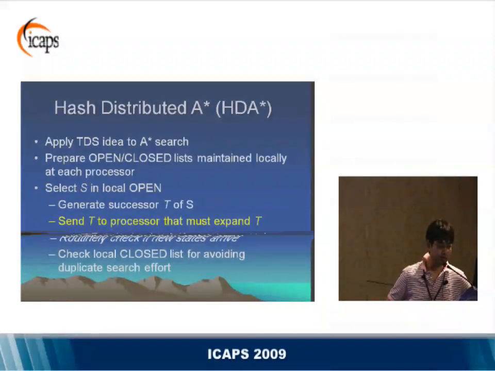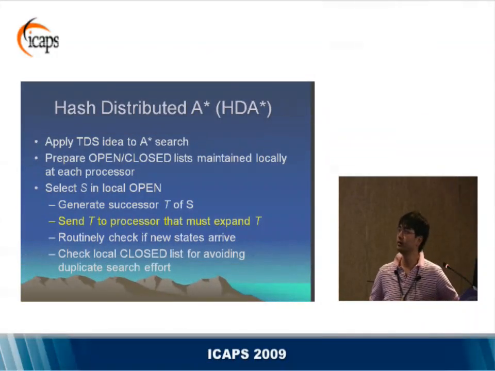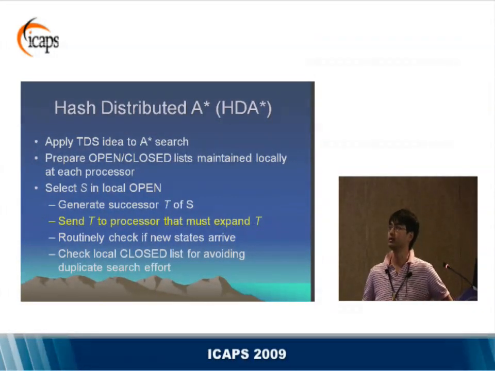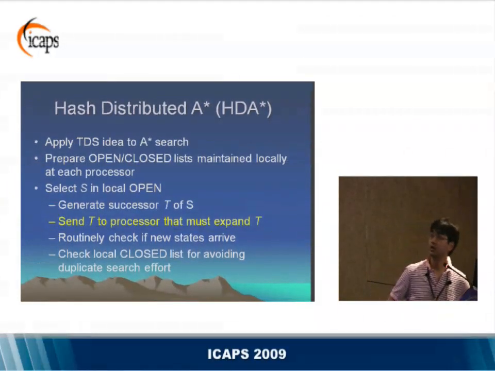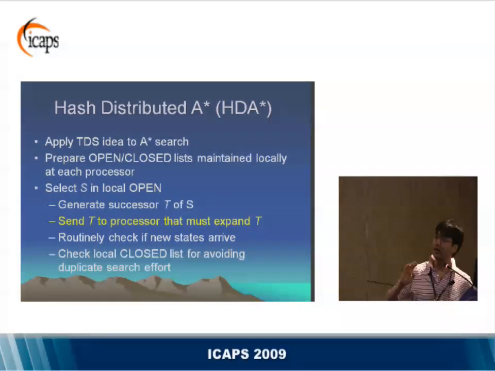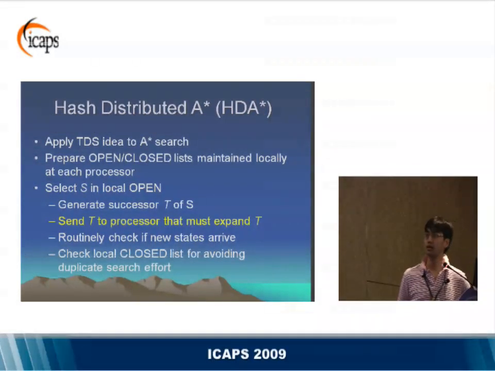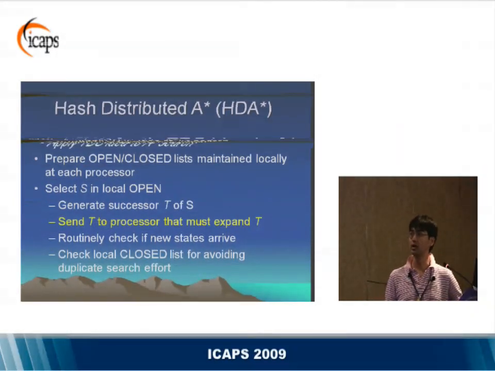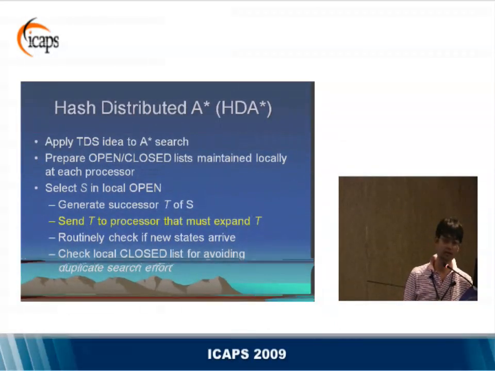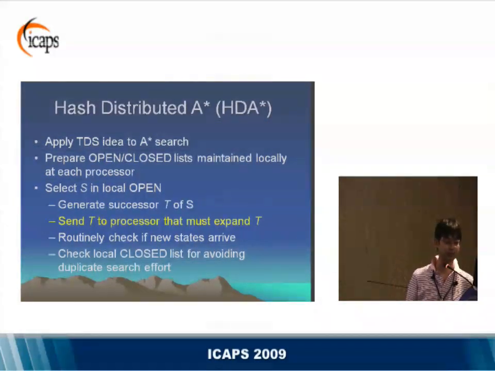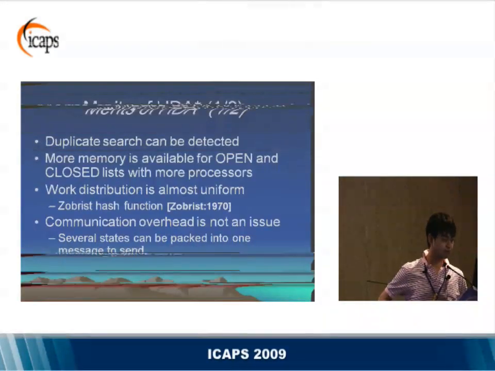And I use this TDS idea for A-star search, because TDS was originally invented for IDA-star. And the algorithm is quite simple. We prepare open and closed lists that are maintained locally by each processor, and each processor selects a state in the local open list, generates its successors, and then sends each successor to the processor that must expand it.